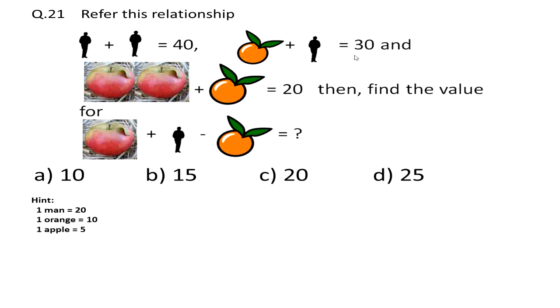Next logic: 1 apple is equal to 5, because 2 apples, 5 plus 5 is 10, plus the orange value 10, we get 20. Then to find 1 apple plus 1 man minus 1 orange: 5 plus 20 minus 10, and our answer is option number B, that is 15.